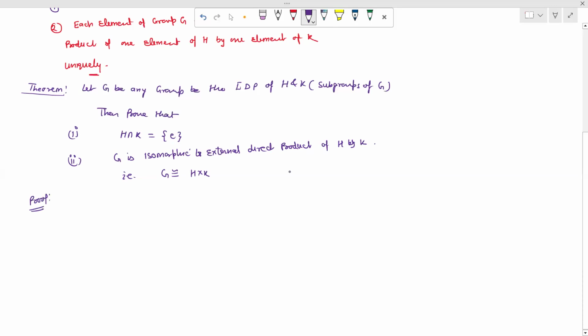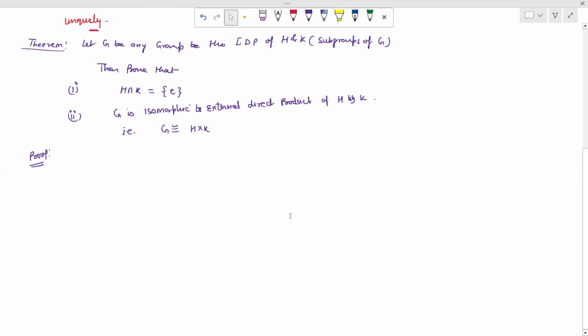So first, we are going to prove the first part, H intersection K is equal to E, that means the identity element is common between them.